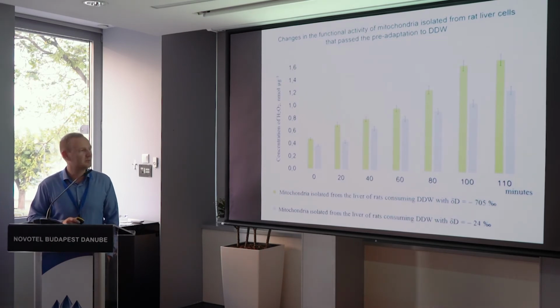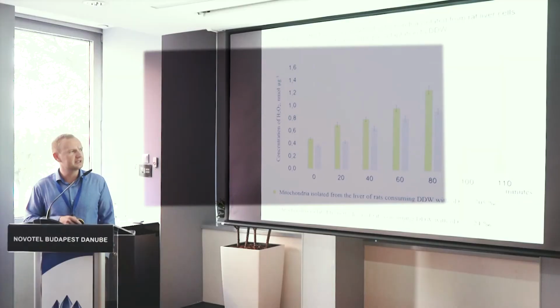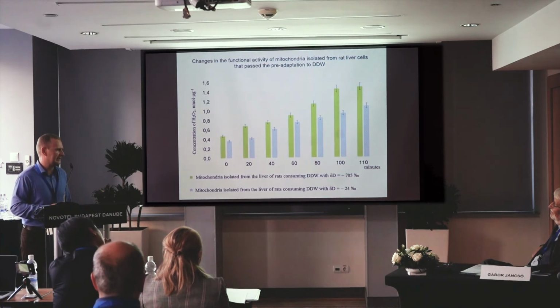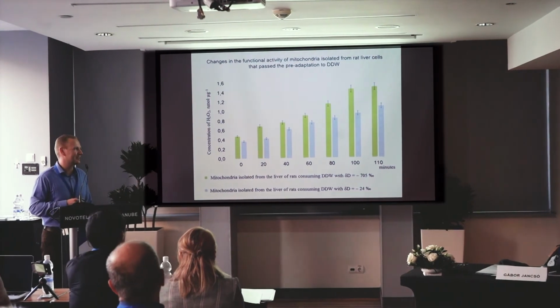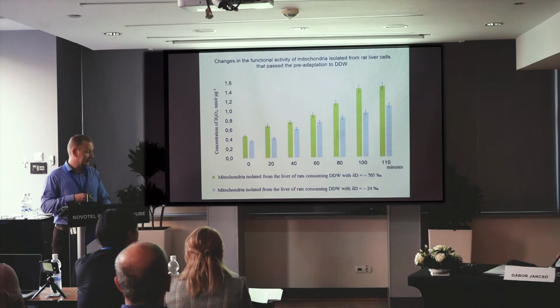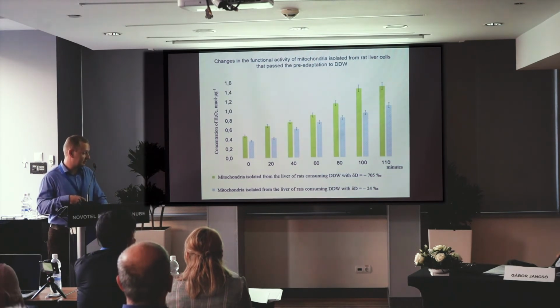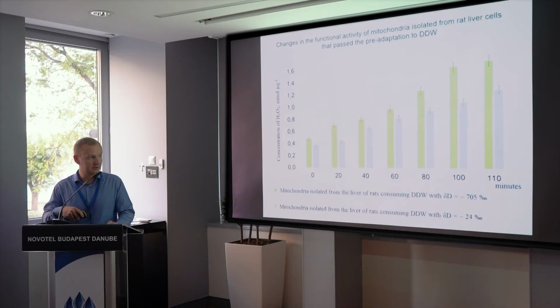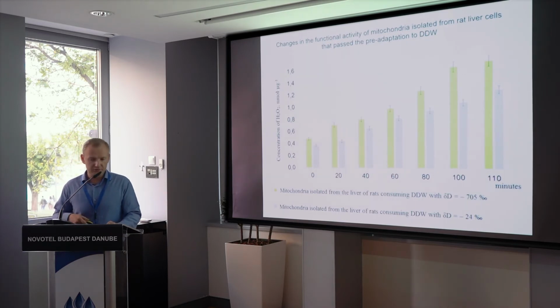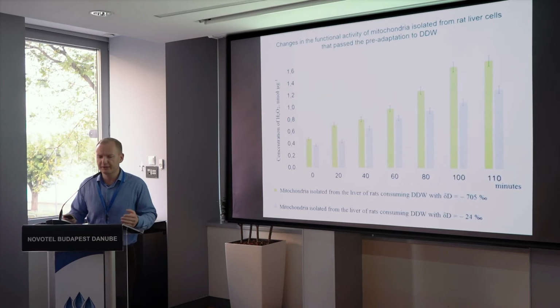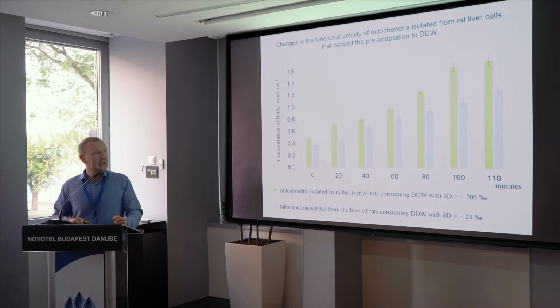We published the data and we wrote that the rats drank the deuterium-depleted water 28 days, but really it was a second generation of rats, and we took the liver and mitochondria from the second generation of rats that drank DDW, and the control group was not DDW, this is just regular water. The control group was just the regular rats with the same age.